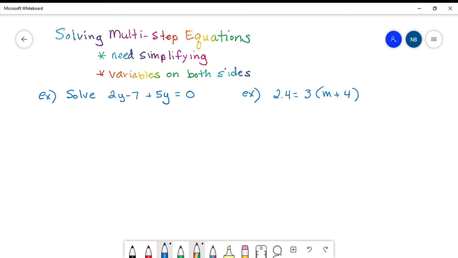Okay, so our first equation is solve 2y minus 7 plus 5y equals 0. Well, typically when you're solving linear equations, you should have at most 2 terms per side. This particular equation has 1, 2, 3 terms on the left and 1 term on the right.